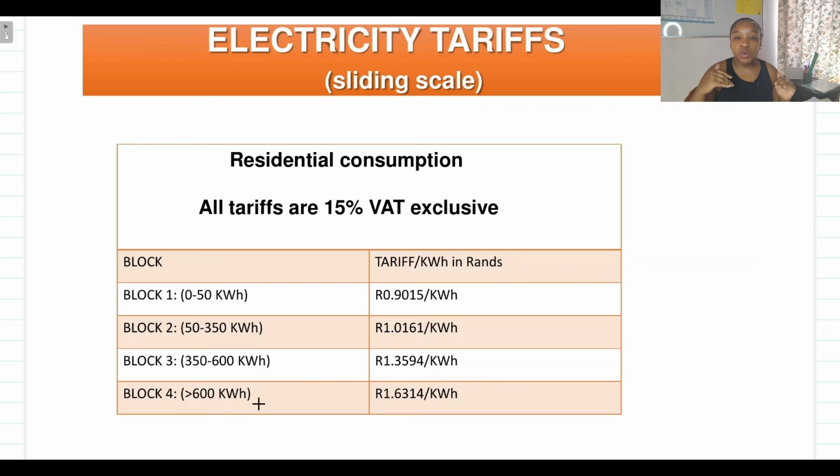And in all these blocks, we've got different intervals of electricity units that are used, and in all those blocks, we've got a particular tariff that is charged per kilowatt hour of units that is used, right? So I'm going to be explaining how we tackle an electricity tariff question that uses the sliding scale method. But if you understood the water tariff explanations, this one is just going to be a breeze. It's going to be like we're just doing a recap because you apply the same concept here.